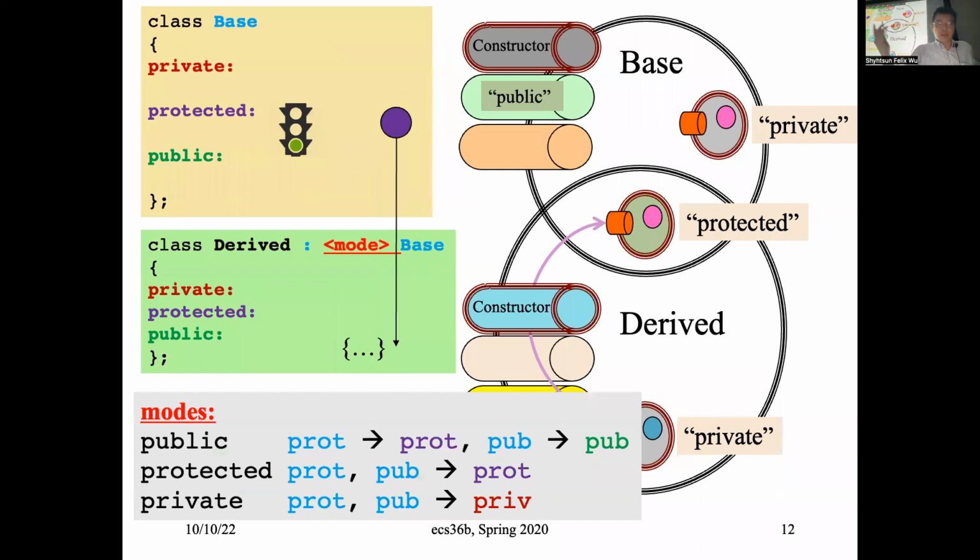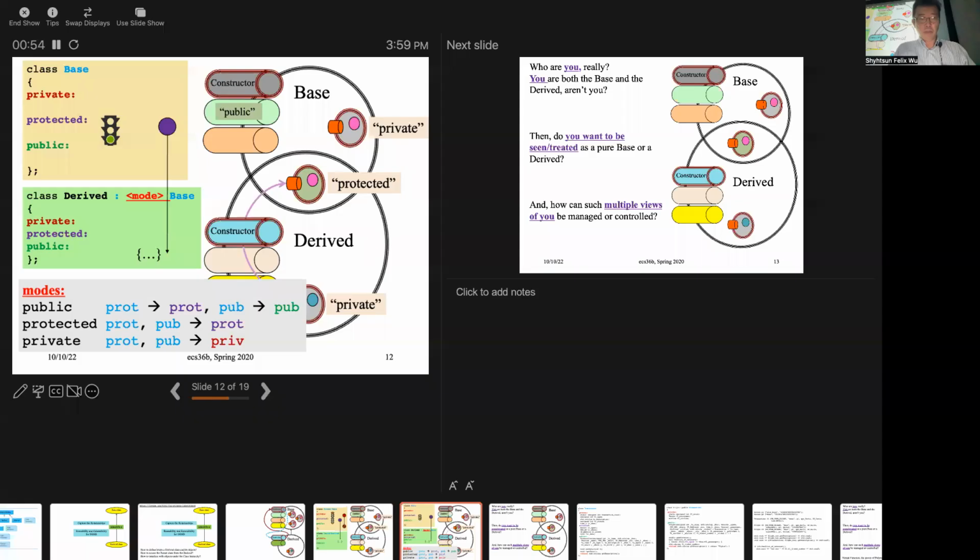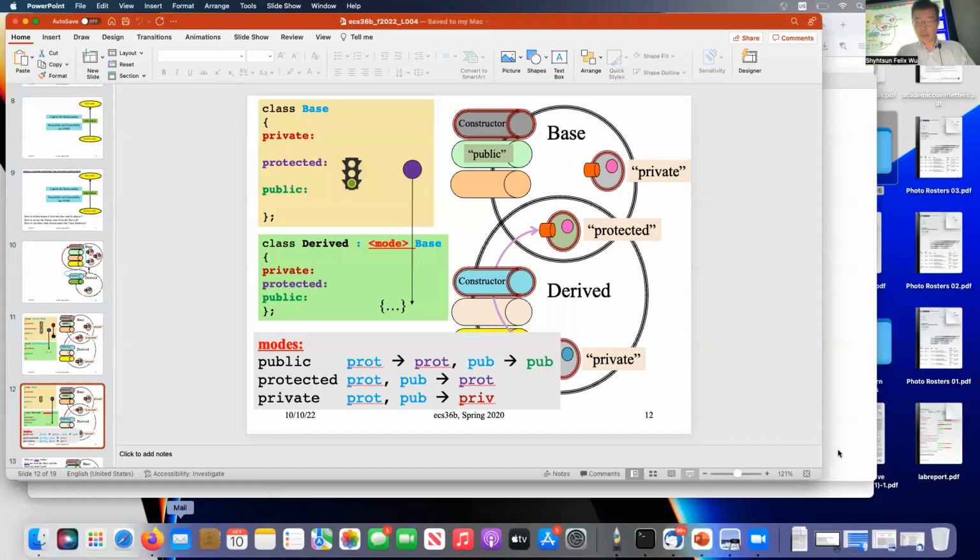When I do inheritance and we say class IoT thing, colon, public thing, I can also say protected, or I can say private, meaning that this is the mode. This is not the three keywords; this is the mode in inheritance. Let me go back to the code, it might be easier to see this way.